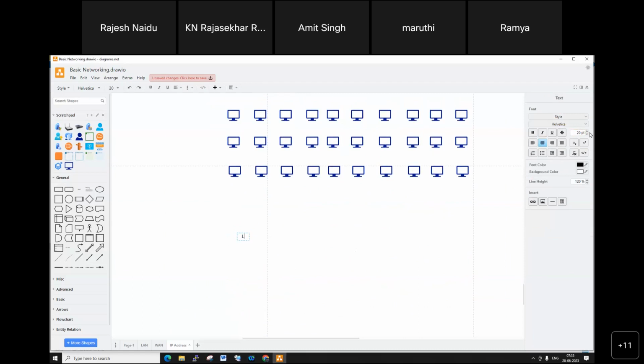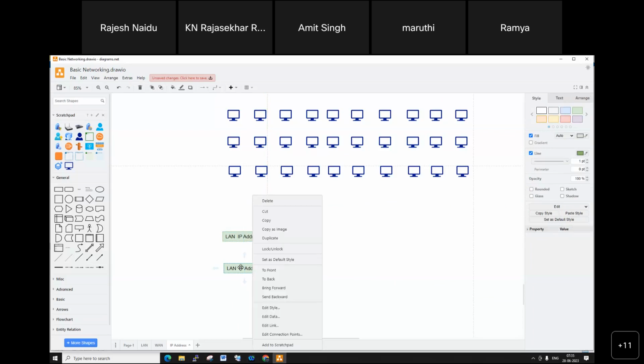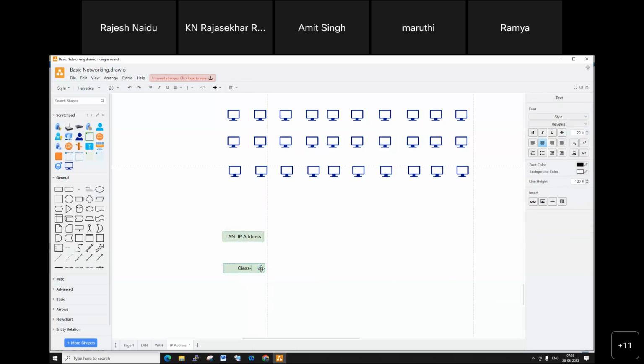Now the LAN IP addresses. For class A, what is class A? 1 to 127.